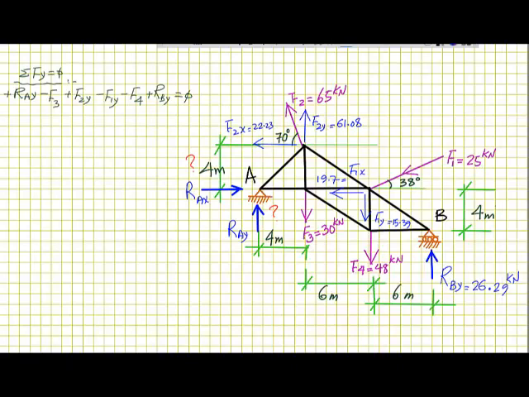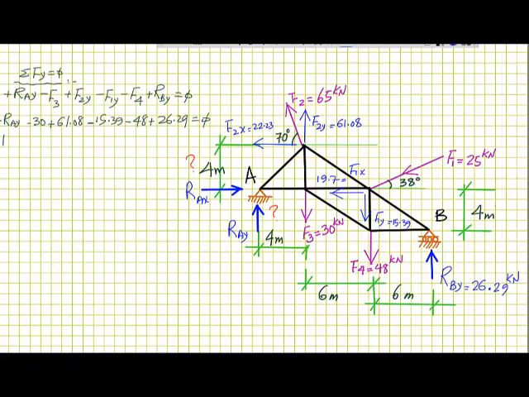Now we substitute the values. Of course, RAY is the unknown, plus RAY, and F3 is equal to 30 kilonewton, and F2y is equal to 61.08, and F1y is equal to 15.39, and F4 is equal to 48, and RBY we calculated as 26.29, is equal to 0.